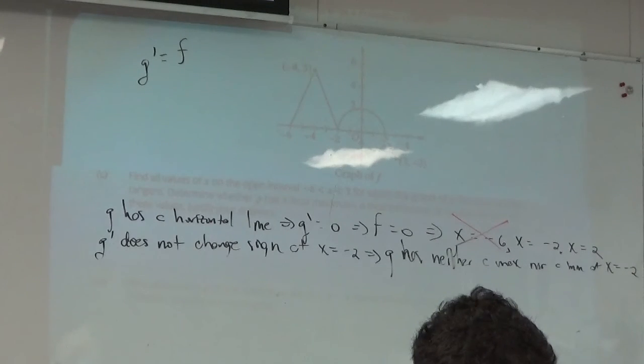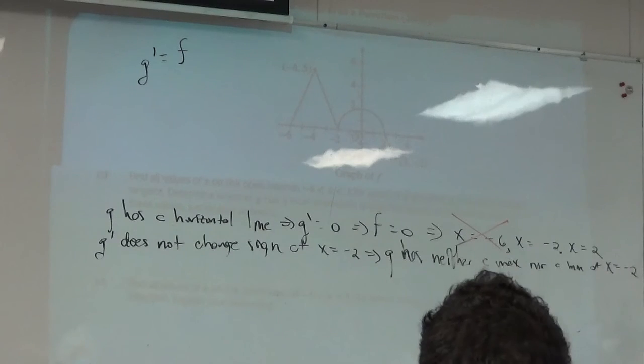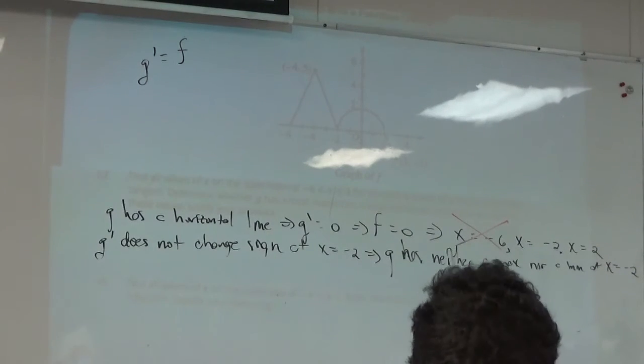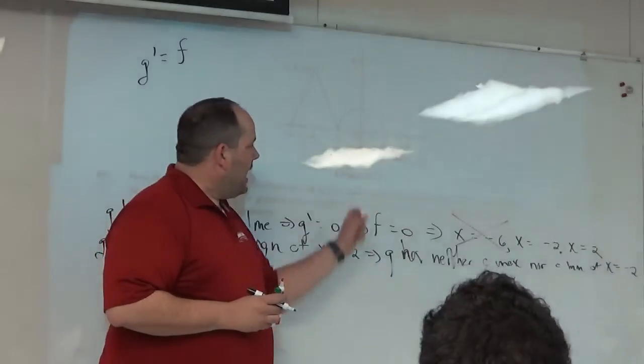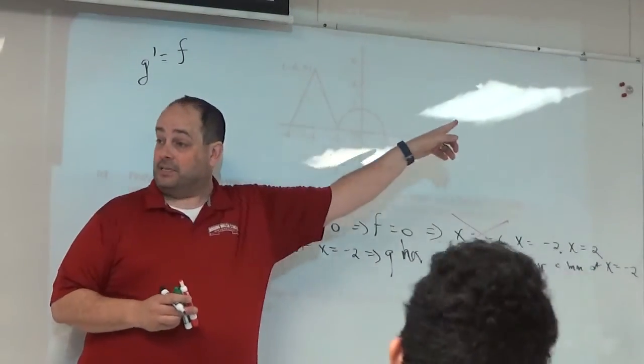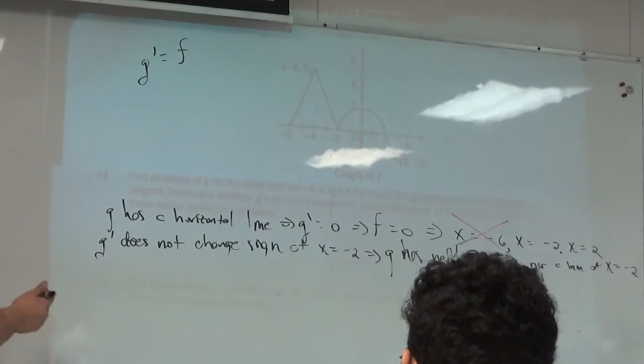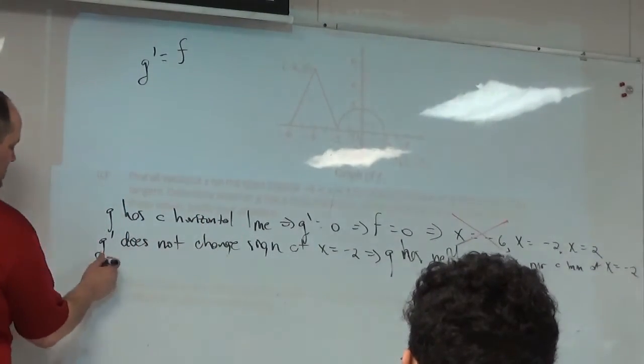What about at x equals 2? Is that a max? Is that a min? Is that neither? At x equals -2, G prime was positive, then still positive, didn't change. Did we have to have a max?